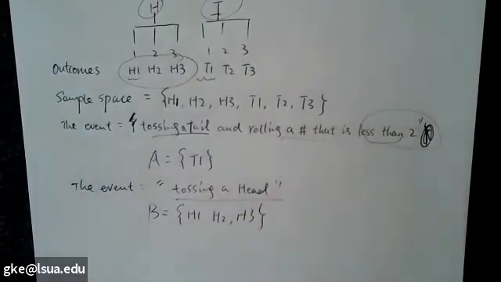That's it. So that's the sample space and events that we learned from last class. Okay, and that's it. We're going to move on to the next chapter, the fundamental counting principle.